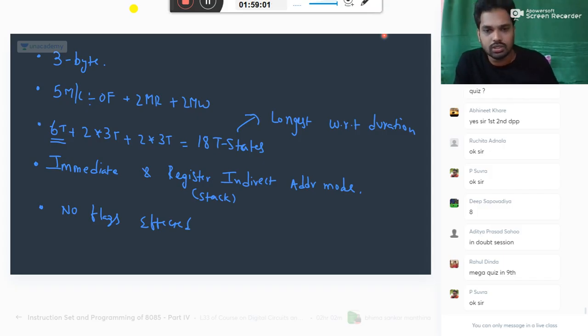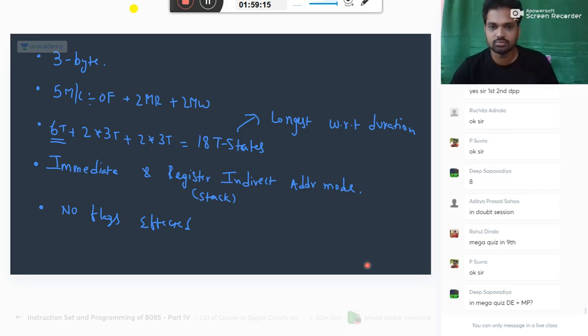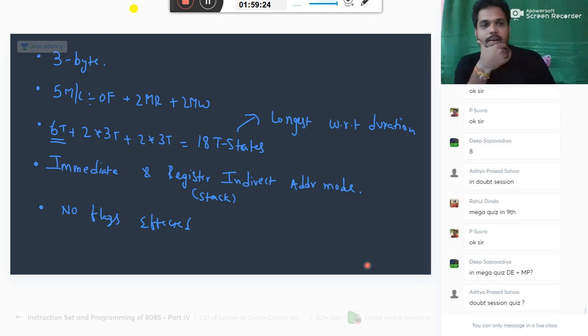You can use this up to the total end of the class also. I am loading it. Mega quiz is there. I need to make the paper then. In doubt session, we can take it. The 9th, I will tell you, don't worry. Yeah, it will be digital and micro only generally. We have time.